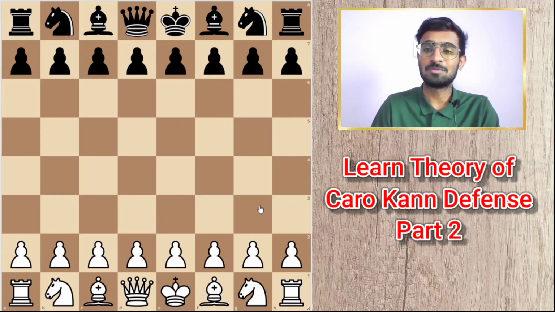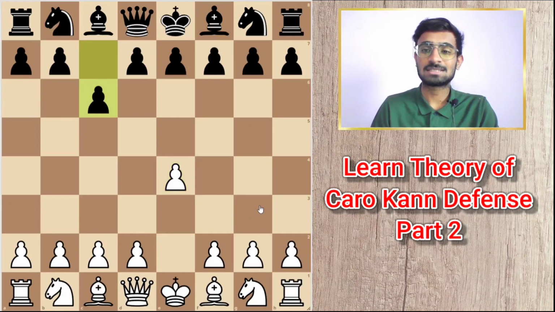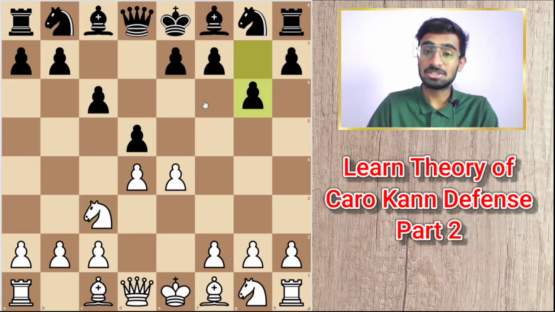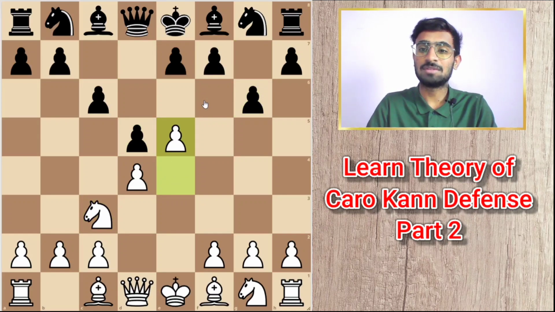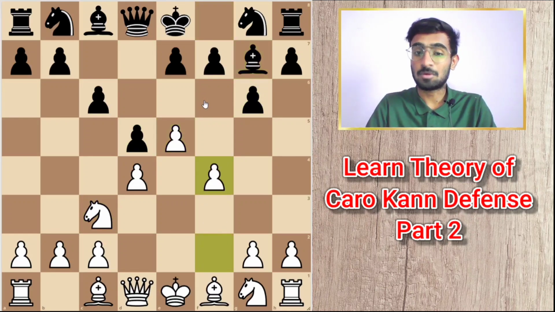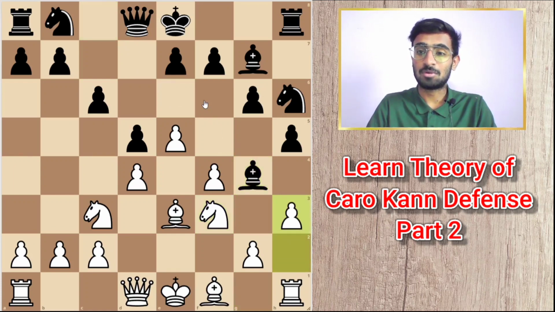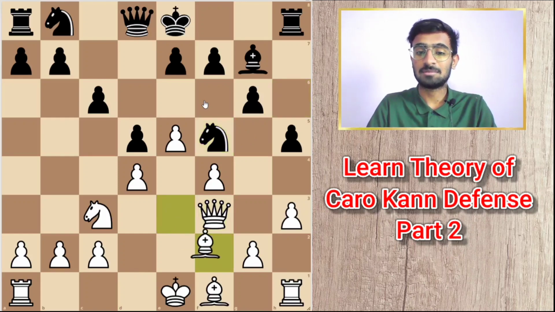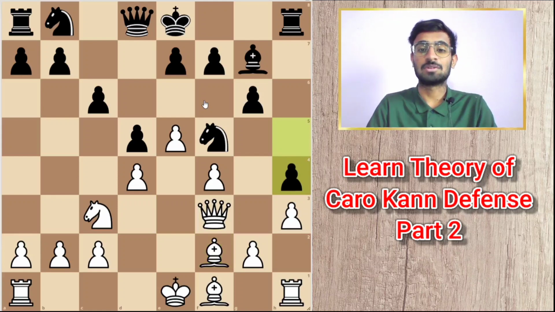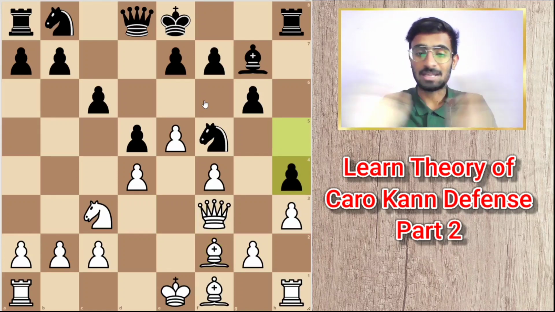So it starts with the moves pawn to e4, c6, d4, d5, continues with knight c3, g6, then pawn to e5, bishop g7, pawn to f4, pawn to h5, bishop e3, knight h6, knight to f3, bishop to g4, pawn to h3, bishop takes, queen takes, then knight f5, bishop f2 because white wants to keep the bishop pair, then pawn h4. Okay, this is already a very dynamic line.